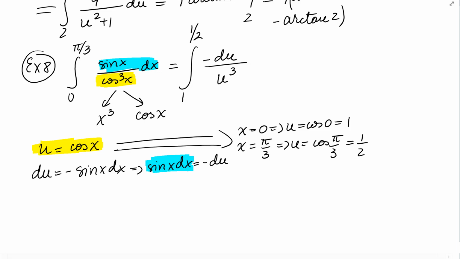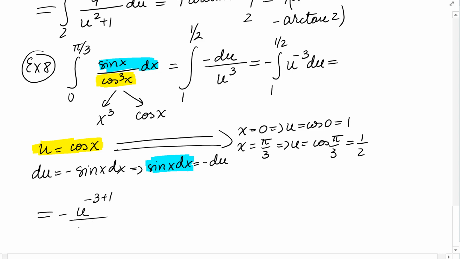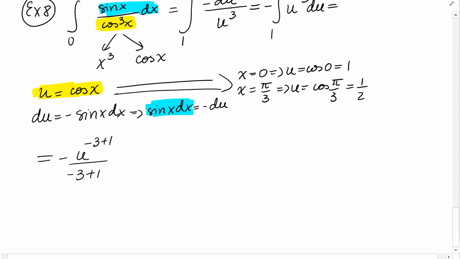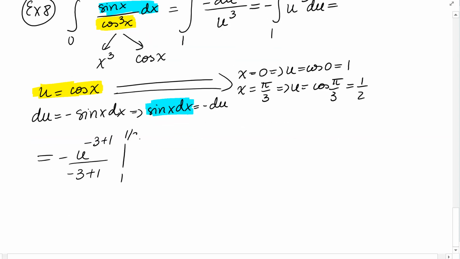So now let's calculate this. This is equal to negative integral from 1 to a half of u to negative 3 du. So this is pretty easy to see. I'm going to continue here. That is u to negative 3 plus 1 over negative 3 plus 1 evaluated from 1 to a half. Let's simplify this a bit.